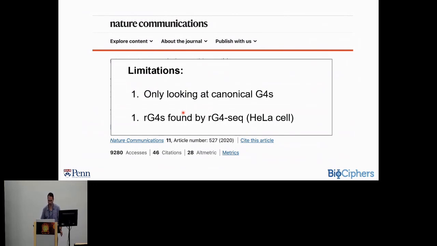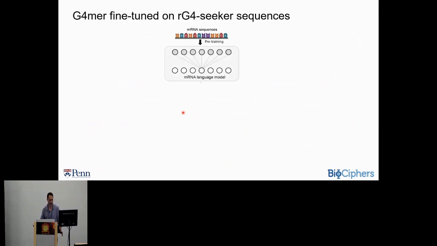So the question is, can we extend beyond there? And of course we can, and we're going to use deep learning in this case. So we're going to give a predictive model that will give us many more hits if we can get it to work accurately. And so what we do is we pre-train a language model, foundation model, use whatever buzzword you want to use, on mRNA sequences.